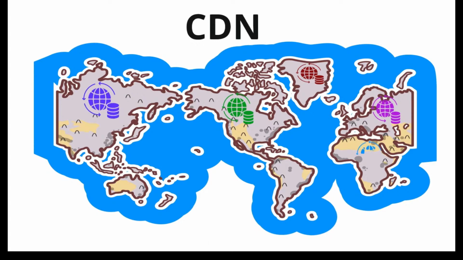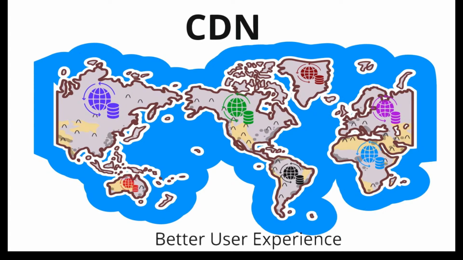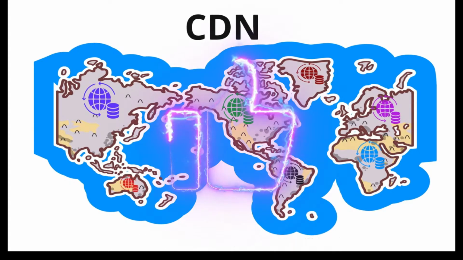For example, if you have a website hosted in New York but users are in India, without a CDN, the request would go all the way to New York, causing delays. With a CDN, a server in India would deliver the content, making it much faster.